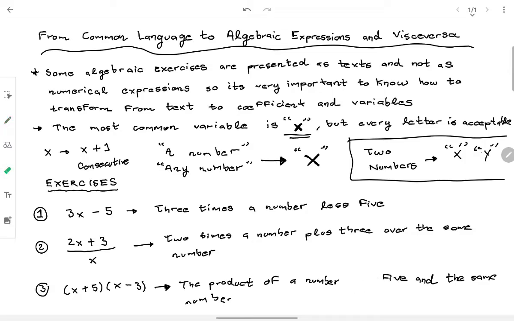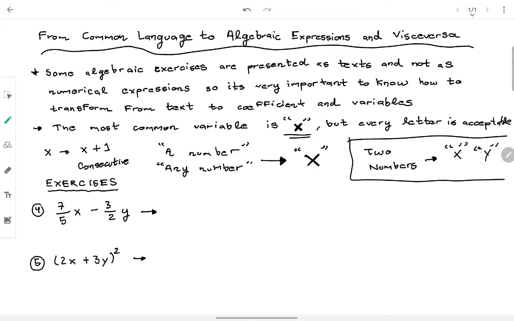Remember, I made a little mistake. Number plus 5, and in the other one it will be the same number minus 3. So this will be how we represent this product, the product of a number plus 5 and the same number minus 3.